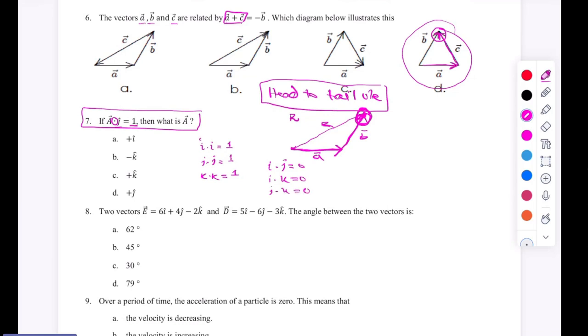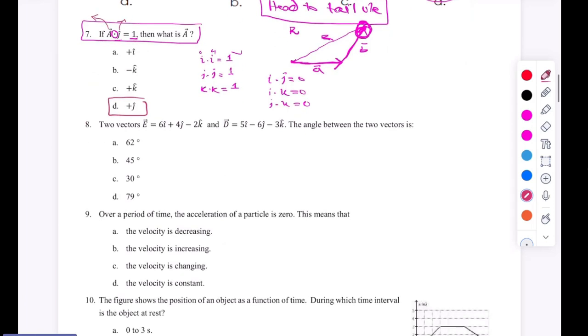So only i with i gives you 1. Now over here you have j, so what would a have to be? A has to be j also, then it will give you 1.